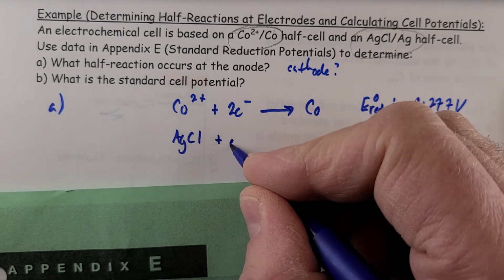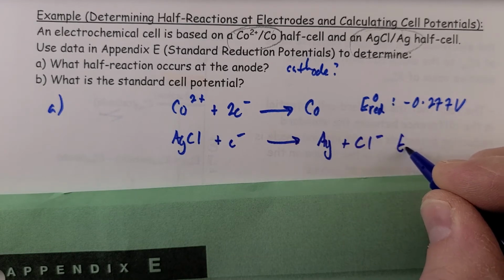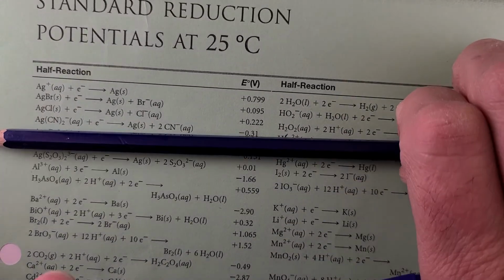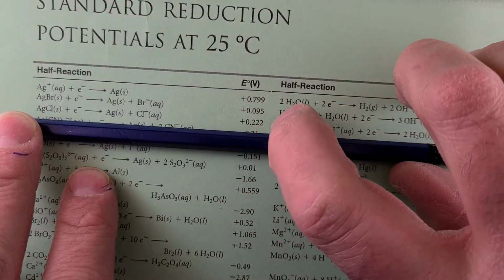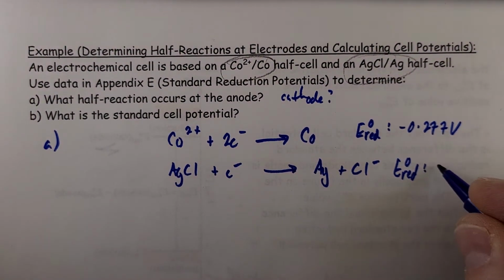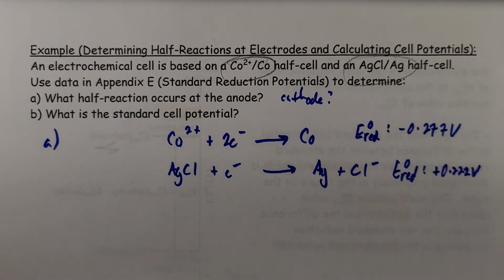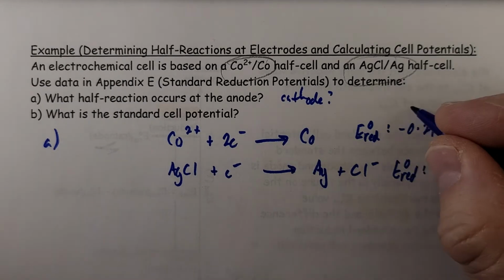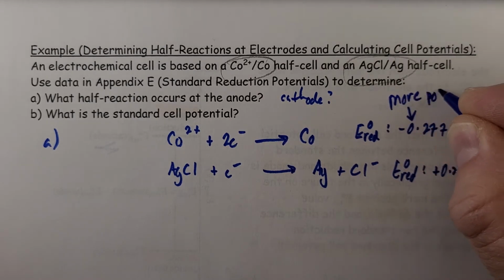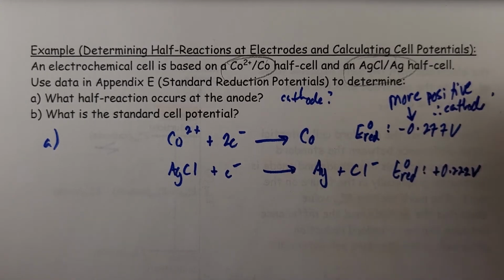And the reduction potential for that, silver chloride and silver, is plus 0.222 volts. And of course, looking for the more positive one. More positive, therefore, cathode.